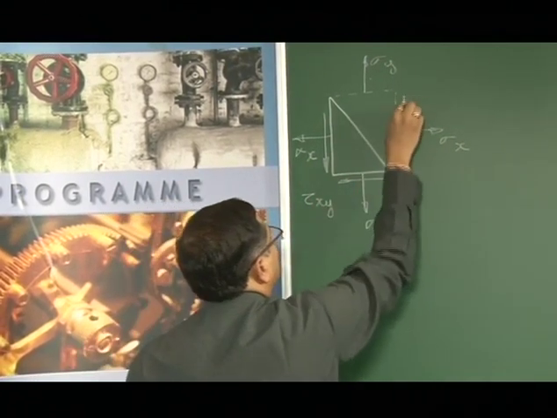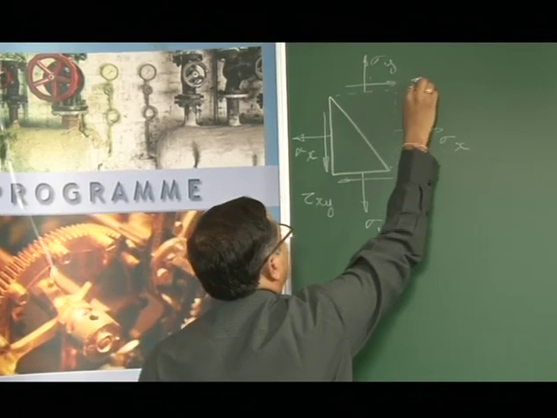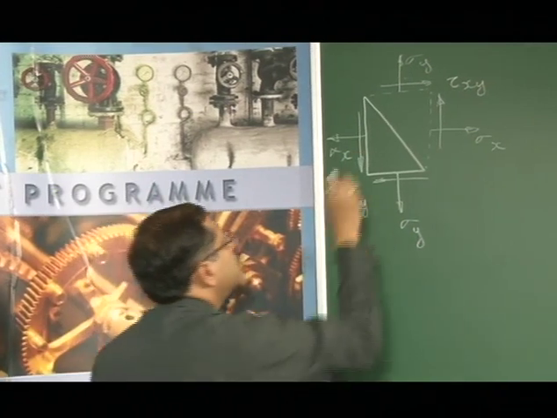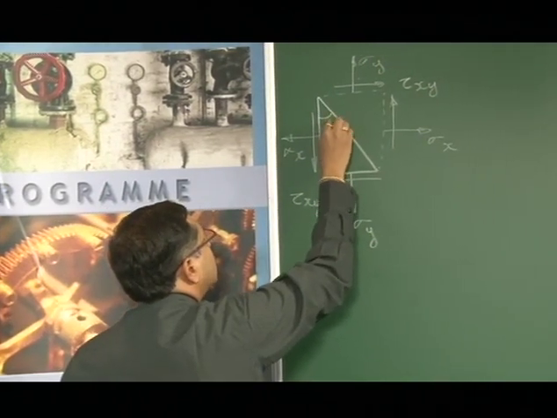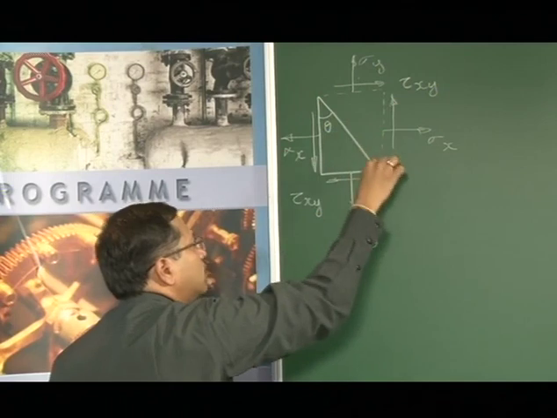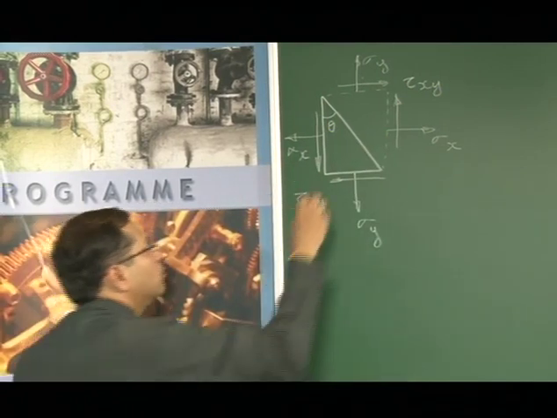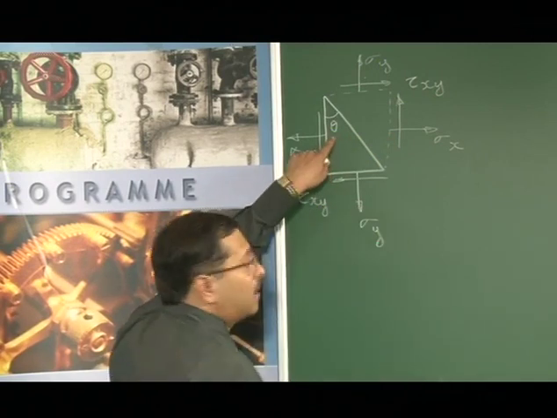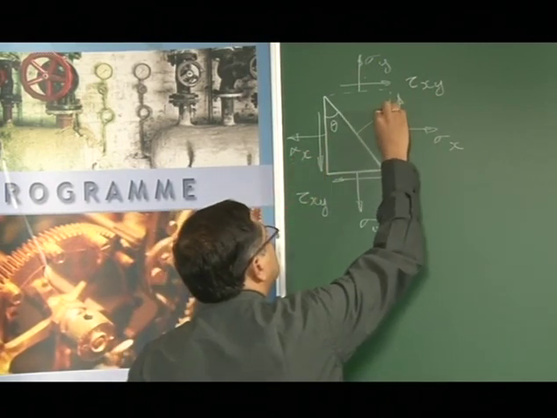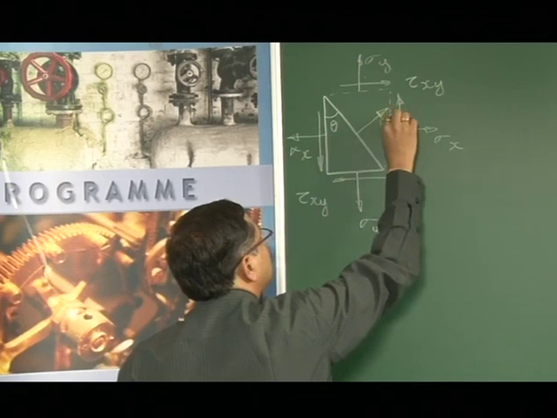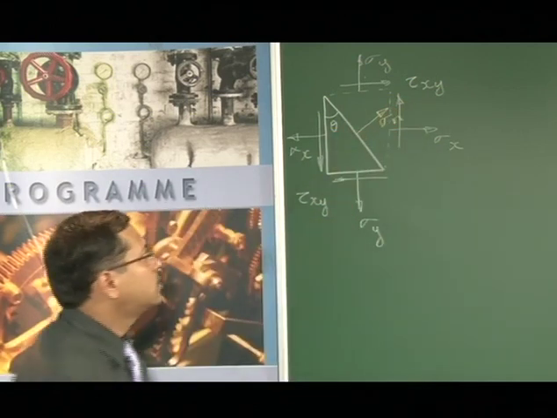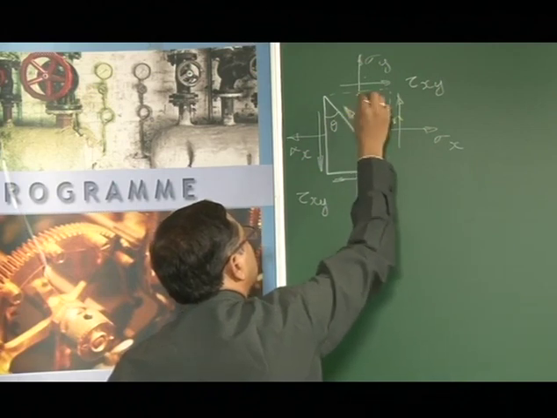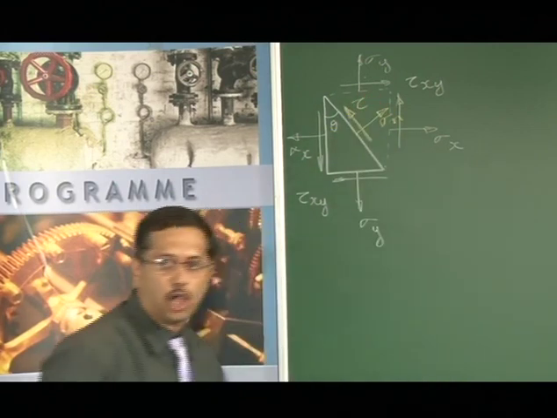Please note that I am taking all of this as positive. And what is my intention? My intention is to find out the stress acting on this plane. Now this plane is inclined at an angle of theta, so this is the normal stress, the positive axis of the normal stress which I am denoting as sigma n, and this would be the shearing stress which I am denoting as tau.